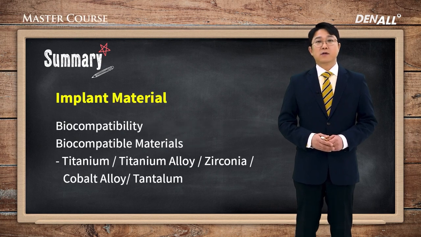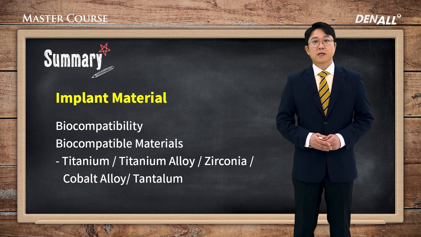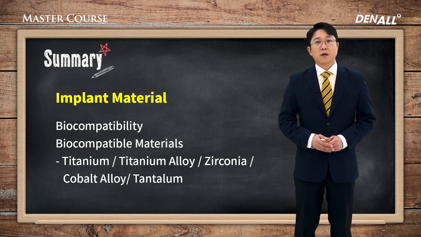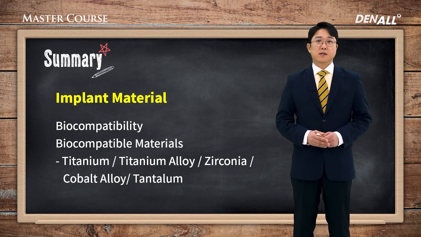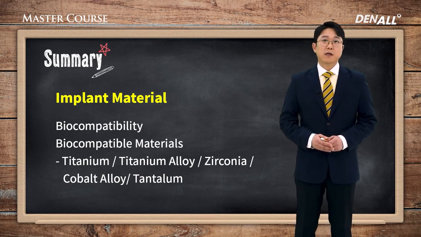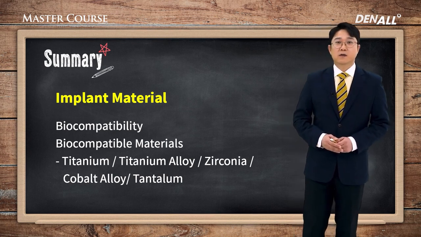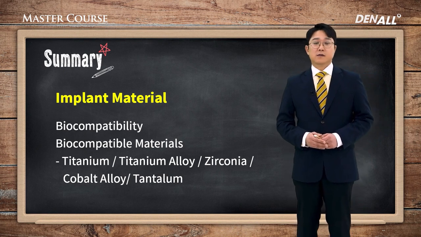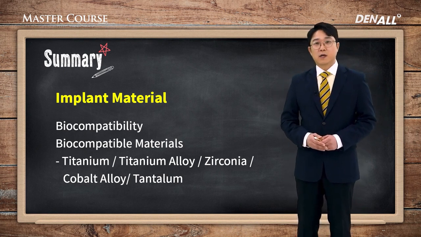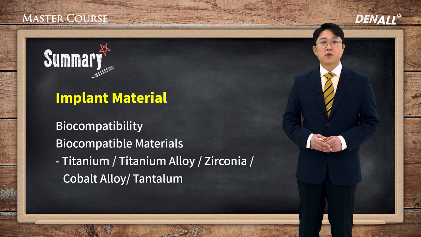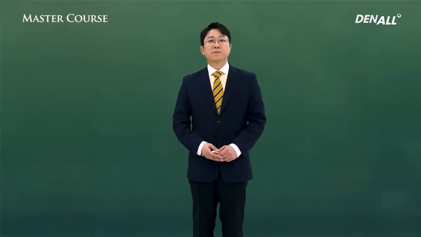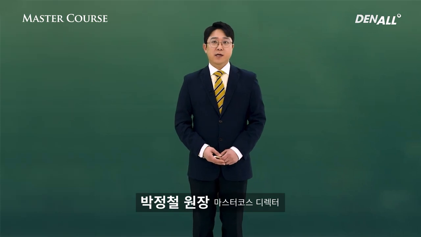Grade 5 titanium alloy is used where high strength is required, such as narrow implants and superstructure of implants, and for other parts, grade 4 is used, which has proper biocompatibility and strength. Today, we talked about fixture design and materials.